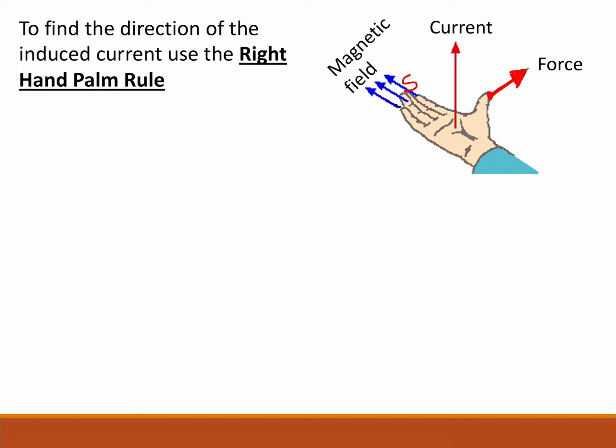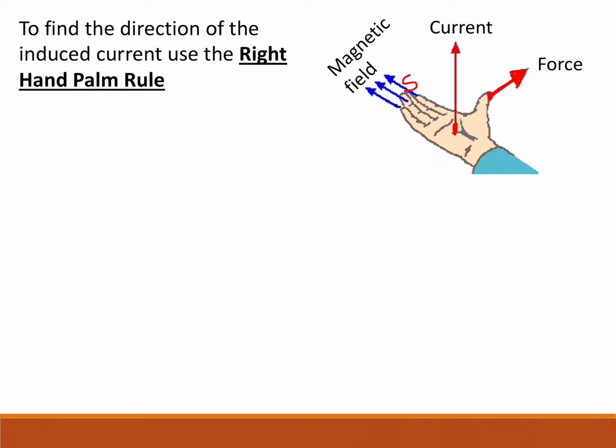Basically, your fingers must always point towards the South Pole. That's the easiest way to remember it, because magnetic fields always go from north to south, okay? And then the direction that your palm is pointing in gives you the direction that the current is moving in inside that piece of wire, okay?